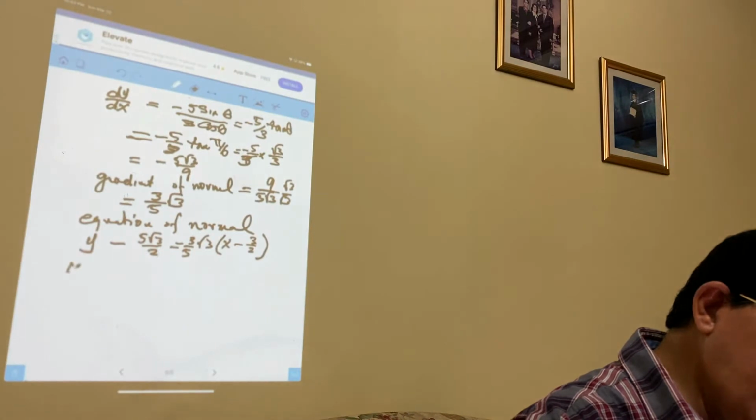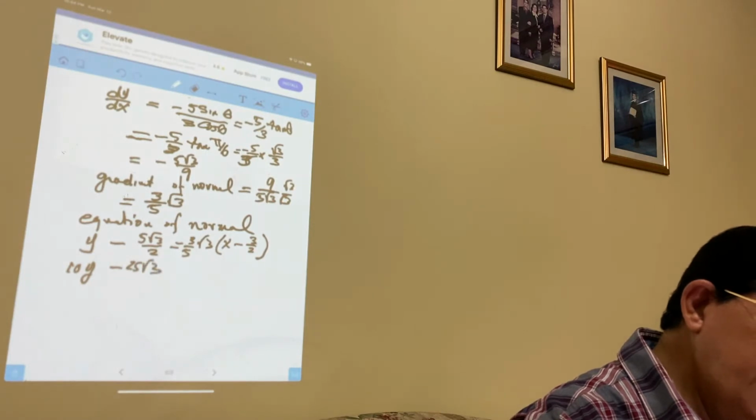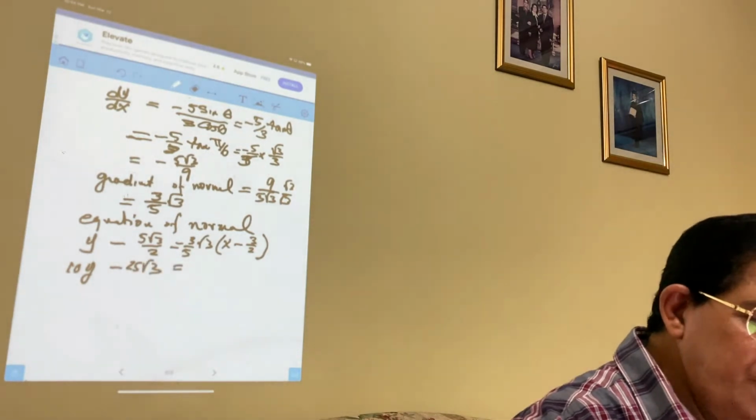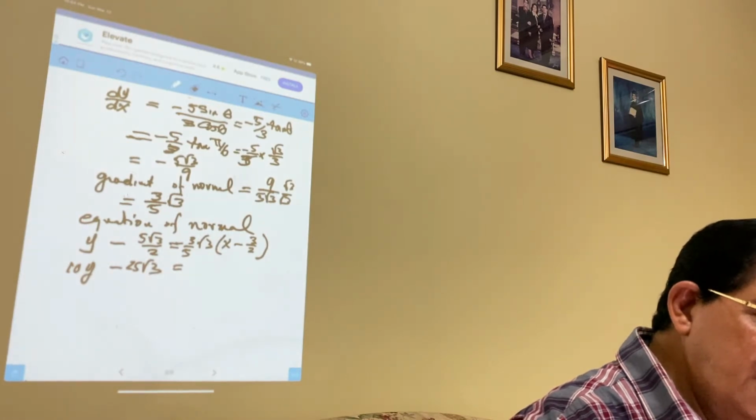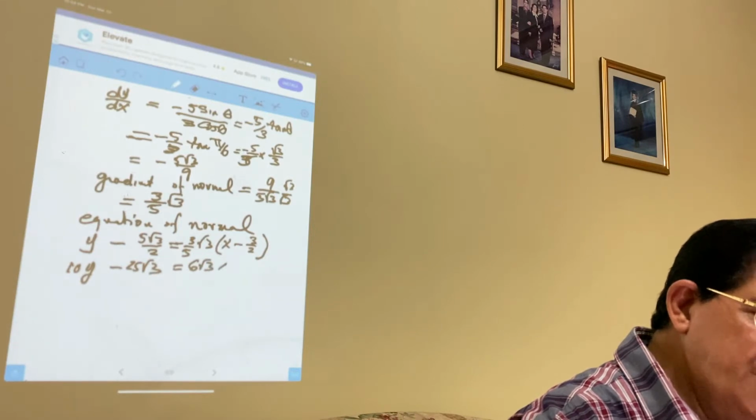So 10y minus 25√3 equals 6√3 x minus 9√3.